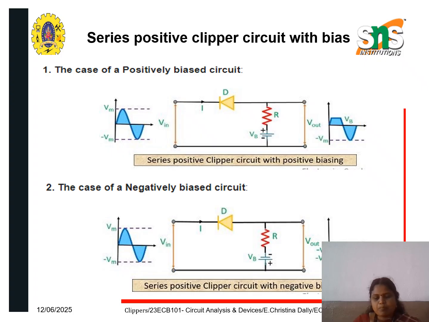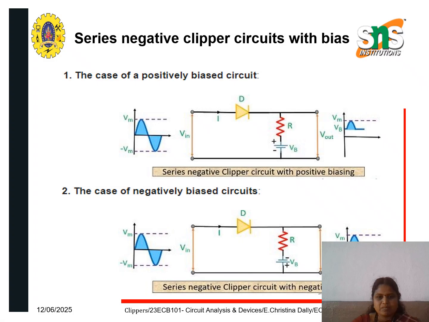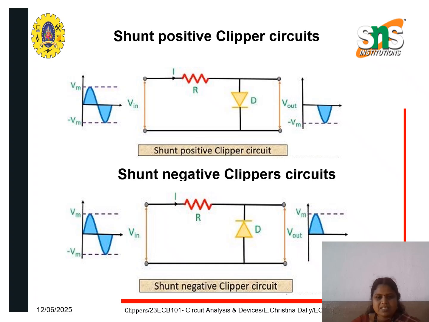Here the positive is given to the anode in the case of the positively biased circuit, and the negative is given to the anode in the case of the negatively biased circuit. At the same time, in the negative clipper, the diode terminal, that is the cathode, is given the positive, while the cathode is given the negative in the case of the negatively biased circuit. This is the difference between the positively biased and negatively biased circuits.